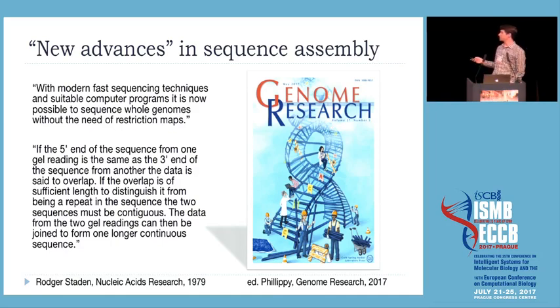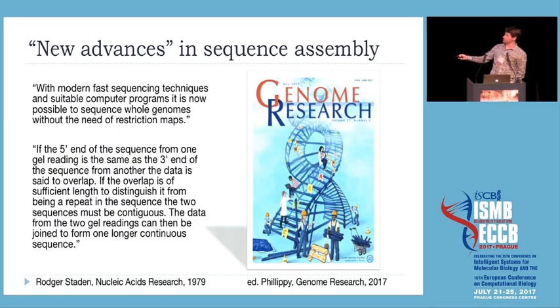In the May issue of Genome Research, I edited a collection of papers on de novo assembly, and part of my editorial from that pulls this cool quote from Roger Staden in 1979, which is the origin of the assembly problem. If you just ignore the fact that gel sequencing doesn't exist anymore, you could imagine this in a modern paper where they talk about modern fast sequencing techniques, obsolete restriction maps, and if the 5' end of one read overlaps the 3' end of another read, it's said to overlap.